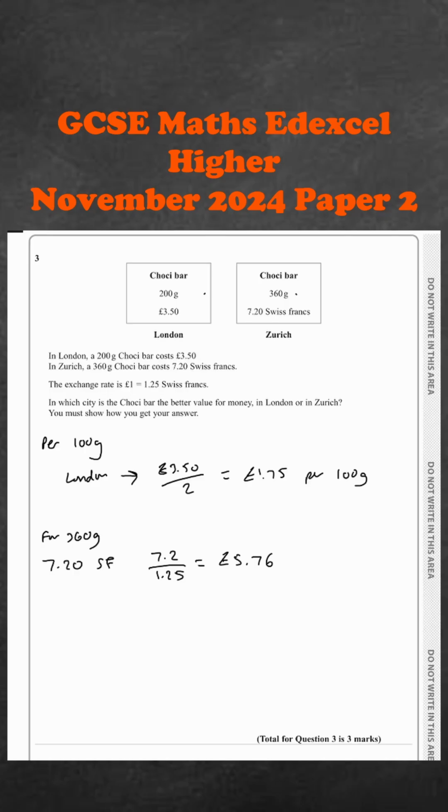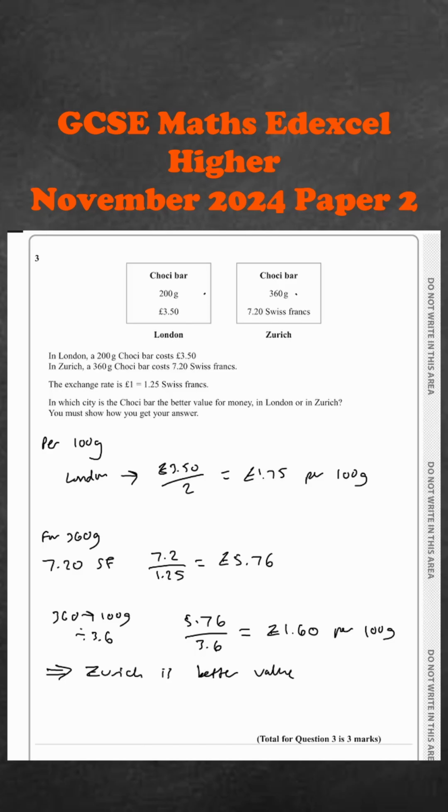Then to get from 360 to 100 grams, we have to divide by 3.6. So 5.76 divided by 3.6 gives the value for money per 100 grams. That's £1.60 per 100 grams, which is cheaper. Therefore, Zurich is better value for money.